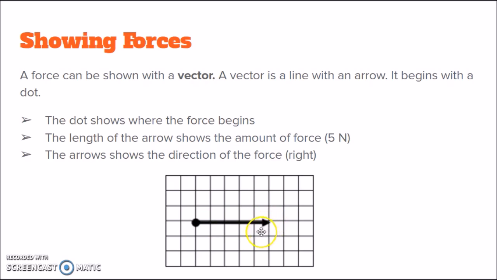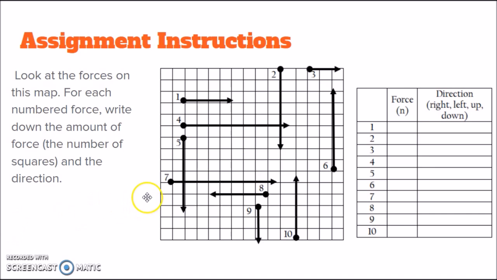Okay, and on your assignment, you're going to be asked to read or draw forces in vectors. Okay, so again, this one is 5 newtons to the right, and that's what you would write down if they ask you how much was this force. You would say 5 N, capital N for newtons, to the right. Okay, then on this part of the assignment, you have to look for the forces on the map.